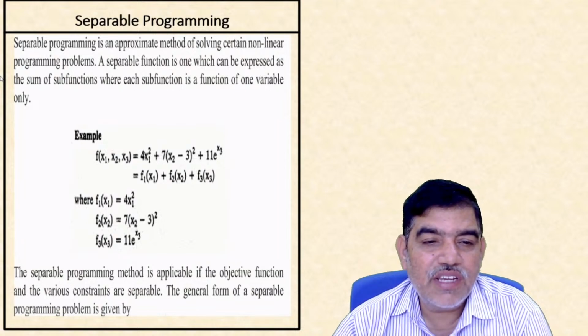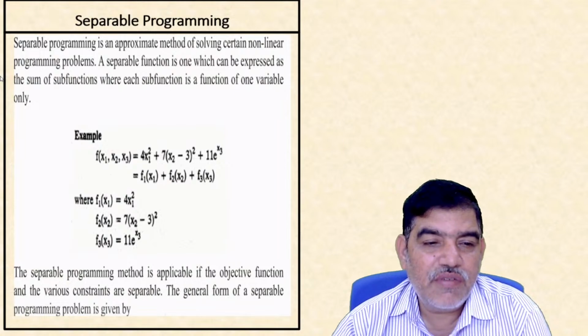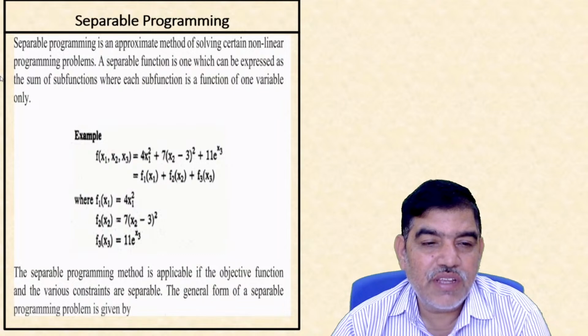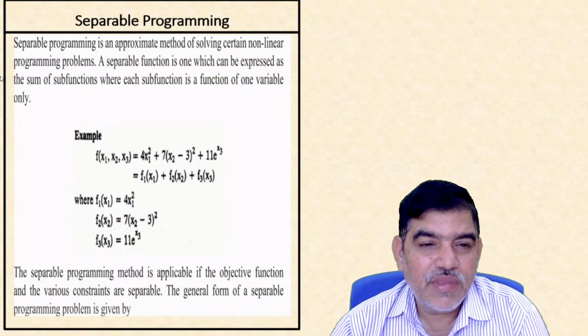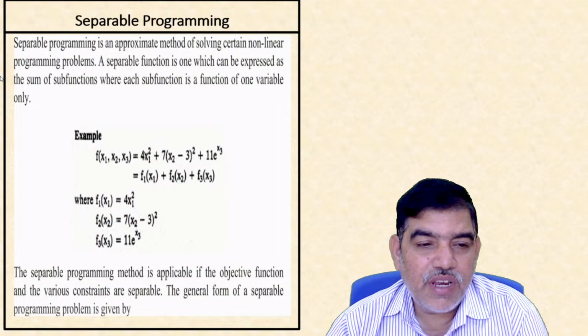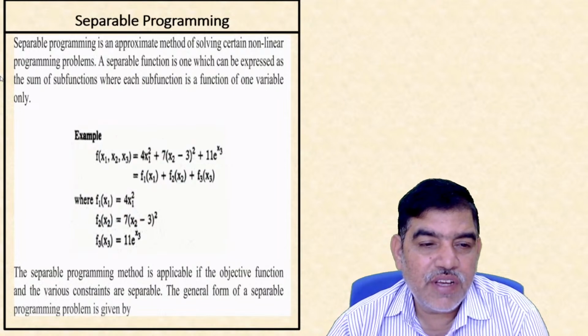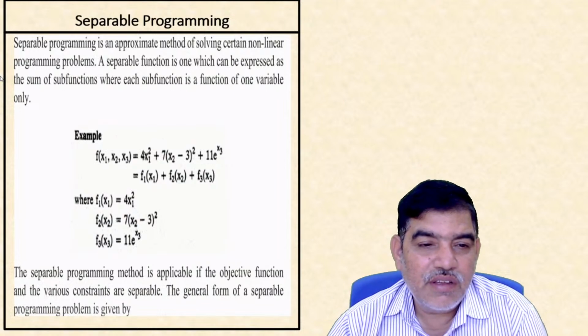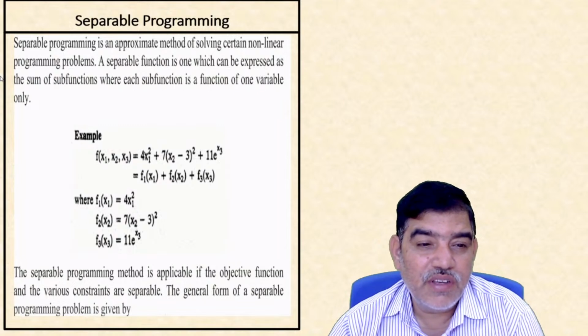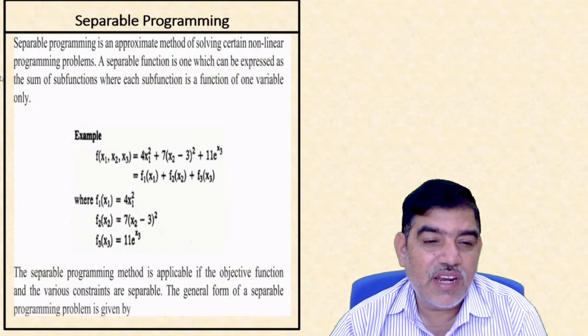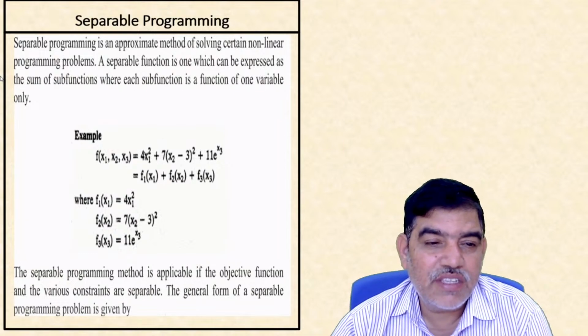That is f1(x1) plus f2(x2) plus f3(x3), where f1(x1) equals 4x1 squared, f2(x2) equals 7 into (x2 minus 3) whole squared from the objective function. What is f3(x3)? That is 11e to the power x3.